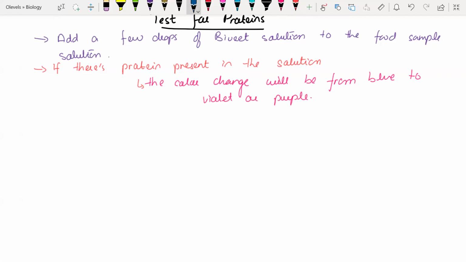So the test for proteins shows the color changes from blue to violet or purple.